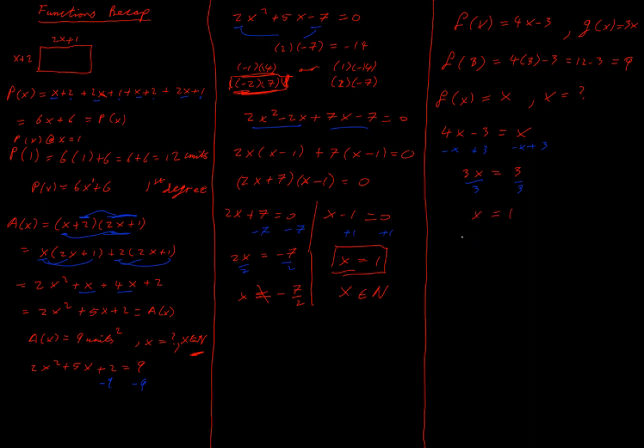Or I could get combinations of these types of functions. Or I could have f of x minus 2 times g of x. So these would be two functions subtracted from each other. And I'd just sub in what the functions were.